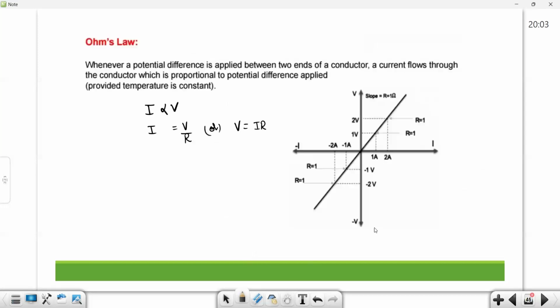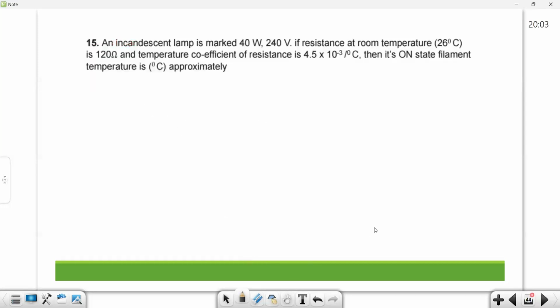Okay. Now we'll see. What is given here? Please tell. The given question is that room temperature is given, and the resistance at room temperature is also given.